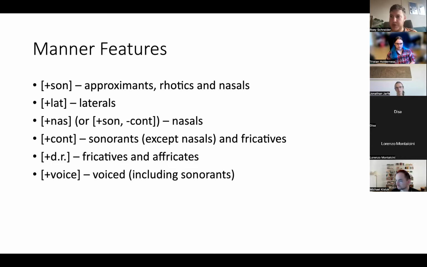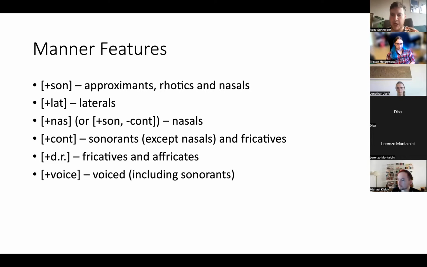Laterals, which have a lateral release instead of a medial release. That means, for example, with L, we have full blocking of the airway in the middle, but there is an airflow from the sides. Nasals, which can also be considered plus sonorant, aren't continuant. That's a little bit complicated, but nasals have a nasal release, of course.